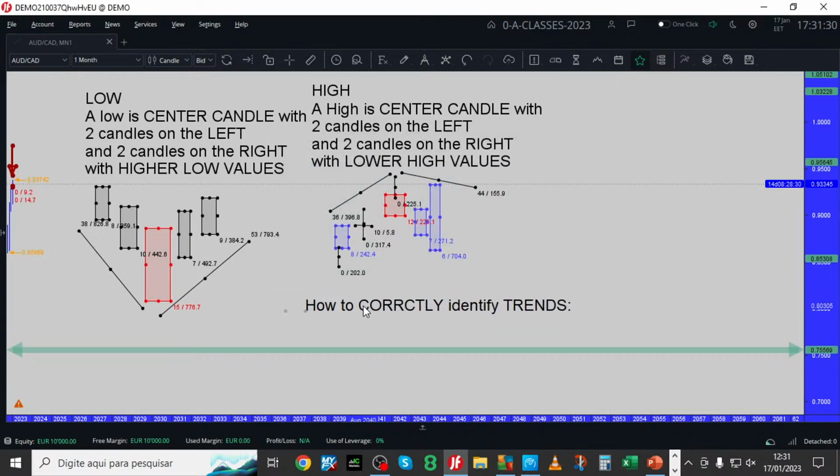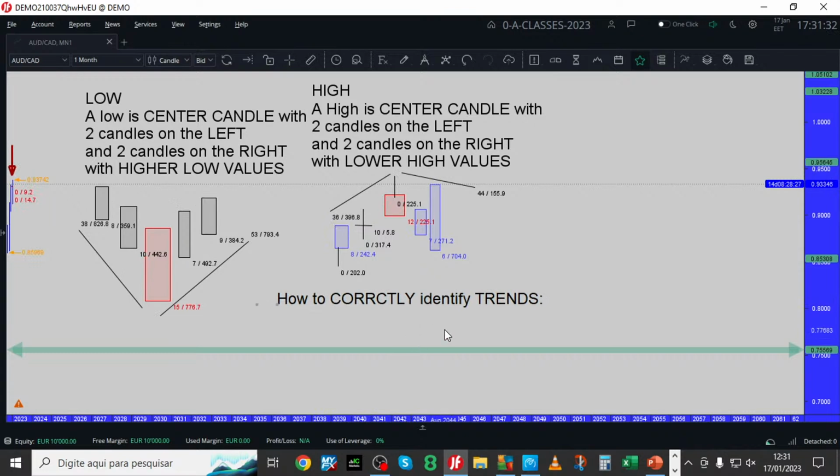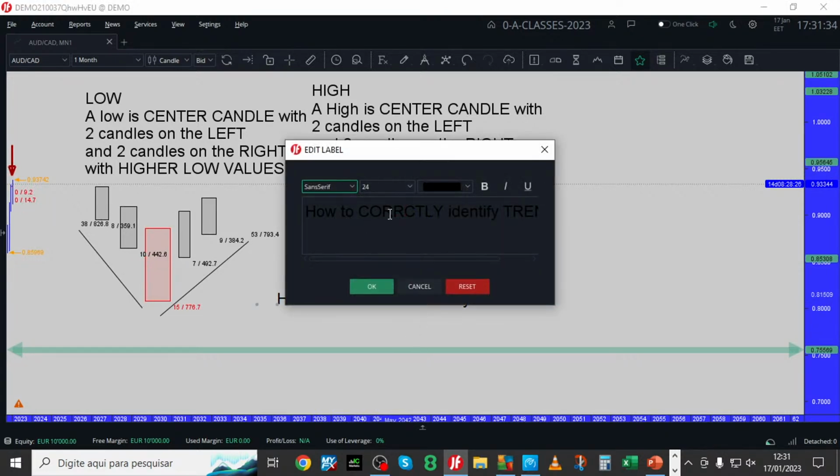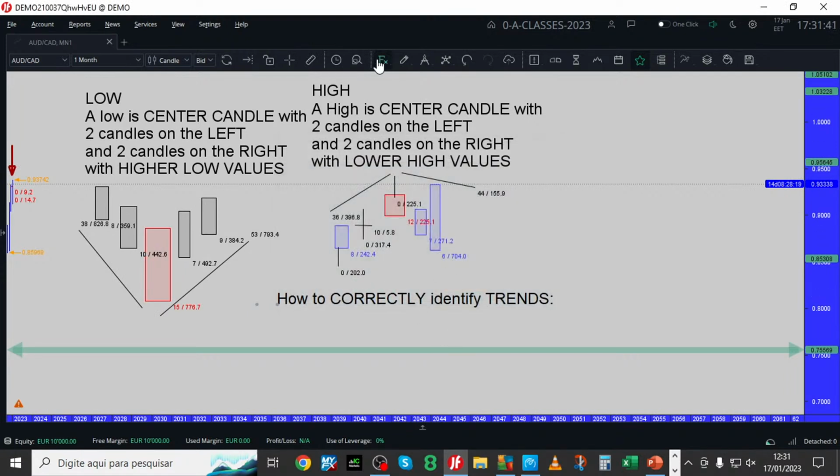We've learned about what is a low, we learned about what is a high. Now, how to correctly identify trends. Who knows what is an uptrend?